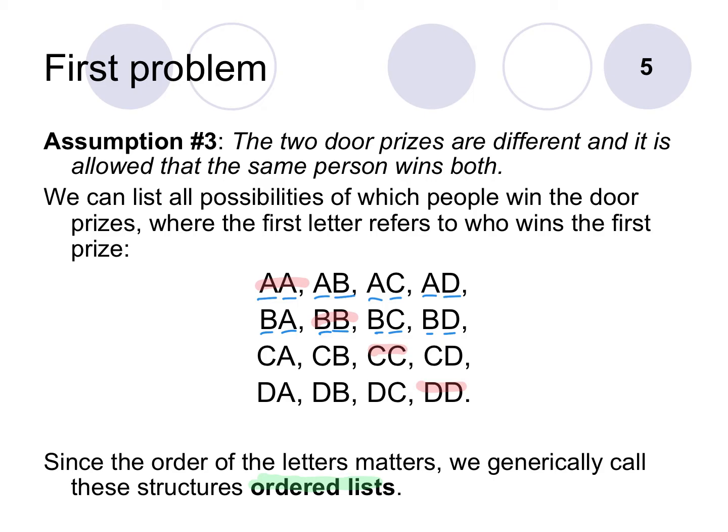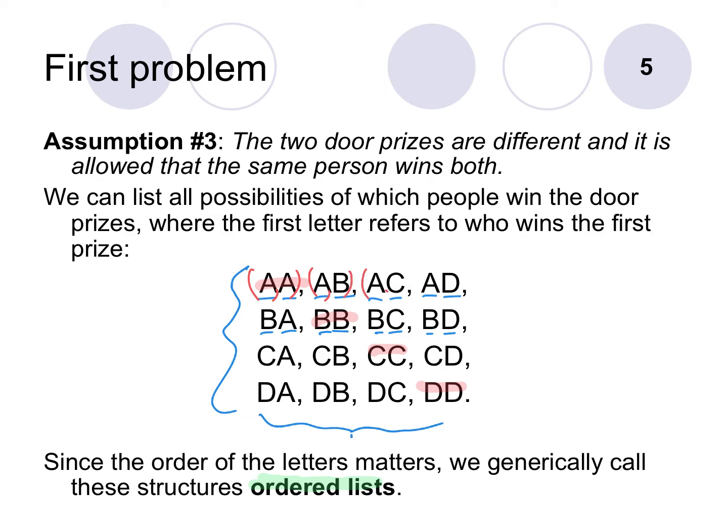I've written these in this sort of array because I want to also point out that this looks like, if instead of writing these as filled in blanks, you imagine for a second that I wrote these as parentheses, letter, comma, letter, right?